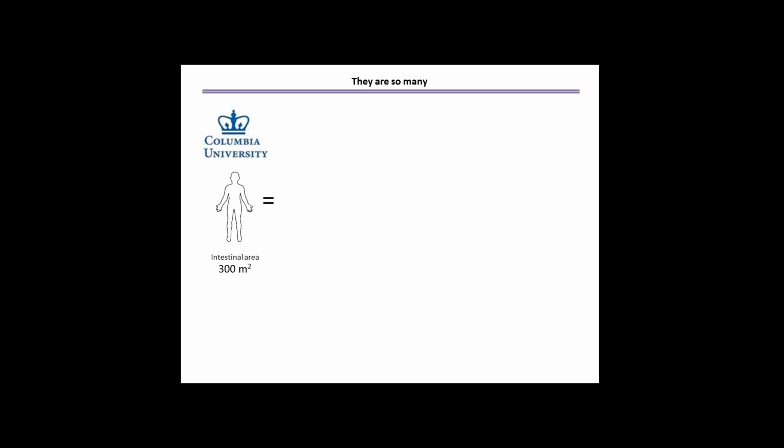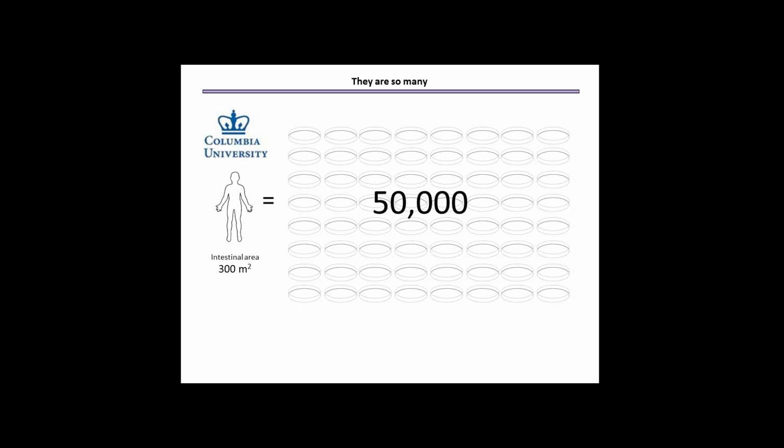In human, the intestinal area is around 300 square meters, which roughly translates to 50,000 petri dishes filled with bacteria. So you can think about the enormous amount of microbes living in this environment.